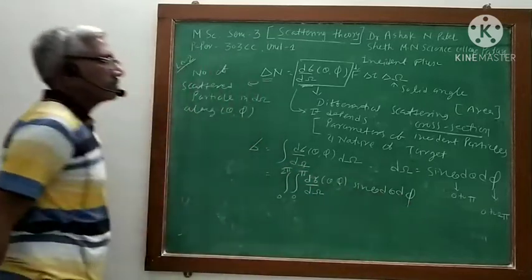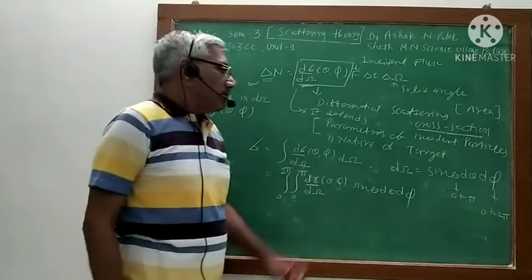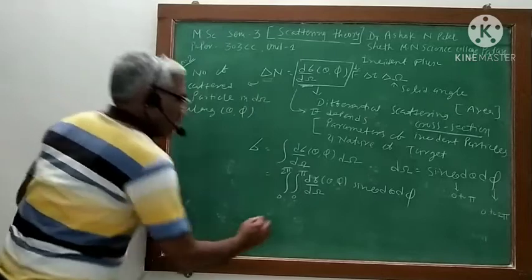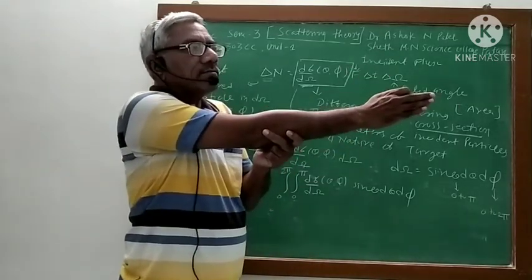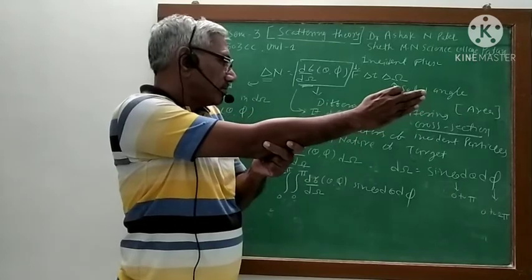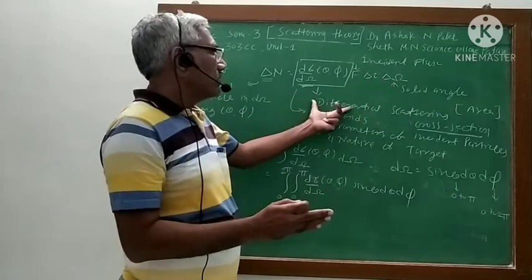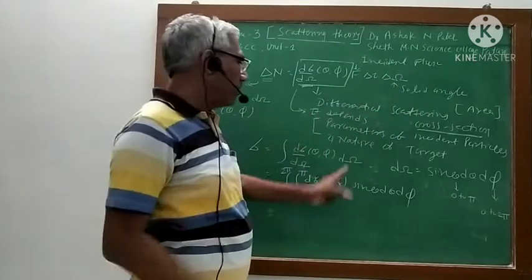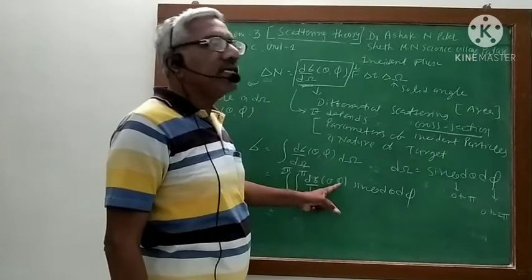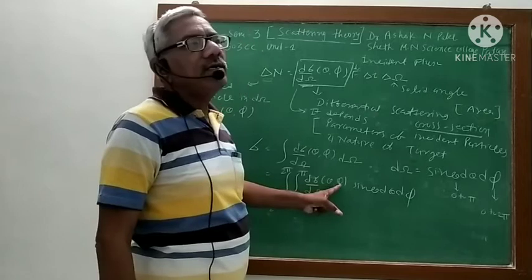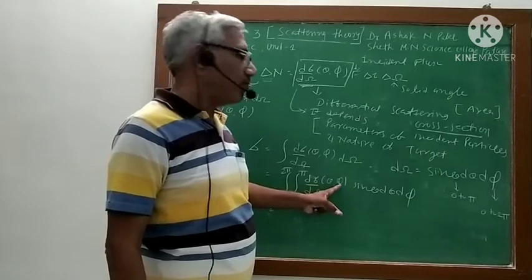The scattering cross section depends on the angle theta, but generally it is independent of the azimuthal angle phi.